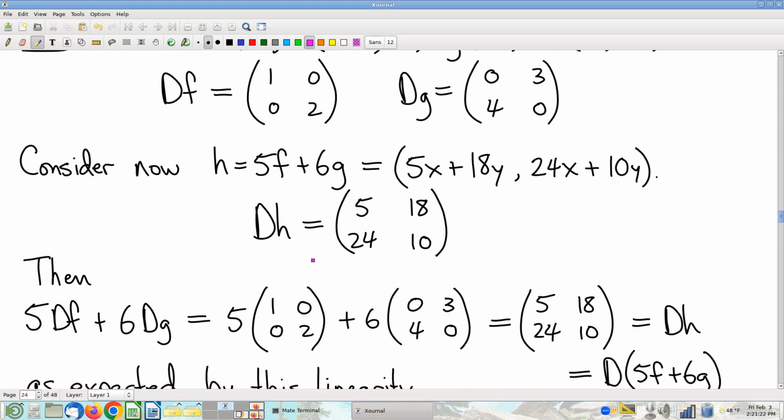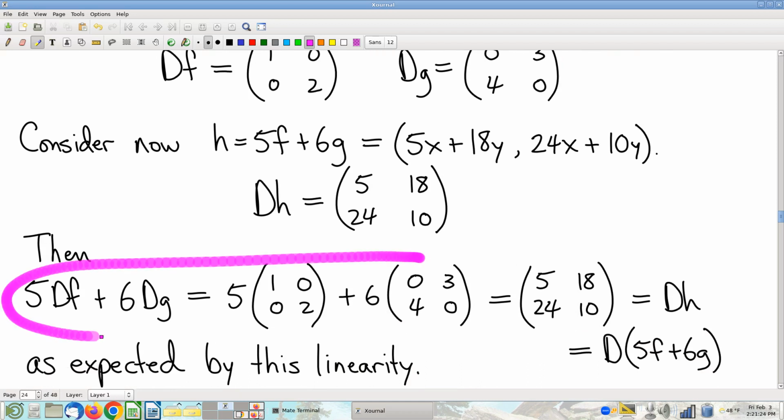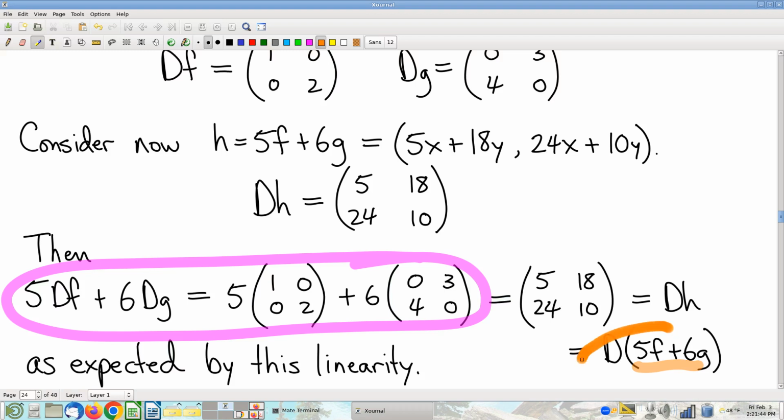Well, here's a linear combination of the matrices. Right, you can see I'm taking the individual derivative matrices and taking the linear combination. Here you might say I'm taking the linear combination after differentiating. Over here, I'm taking the linear combination before differentiating.